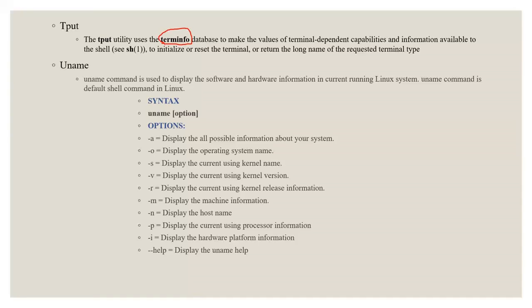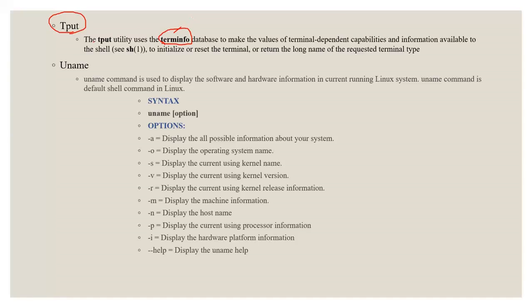We have discussed different types of shells: Bourne shell, Bourne Again shell, Korn shell, and C shell. These are the different types of command line interpreters, and under them we will be executing commands, in what is called the terminal.